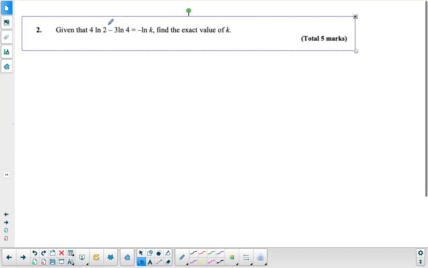Question 2. Key to all these sorts of questions is to get the logarithms in the same base. Doesn't matter, this is a natural log.